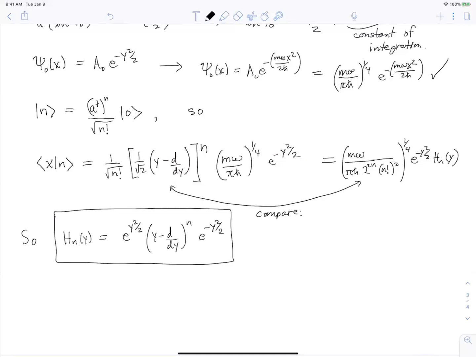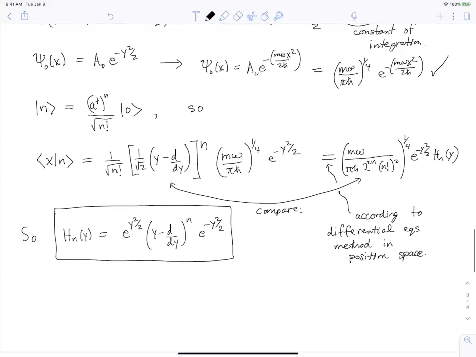Here I should say this is according to what we learned before, according to the differential equations method in position space. Okay, any questions on that?